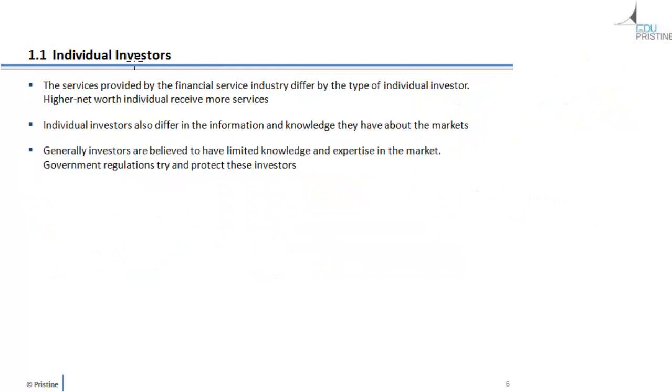Moving on to a little more detail. The services provided by the financial services industry differ by the type of individual investor, and pretty obviously so, because a regular school teacher, a retail investor, will not need as much detail or assistance, because the stakes involved are not as much compared to an ultra HNI.